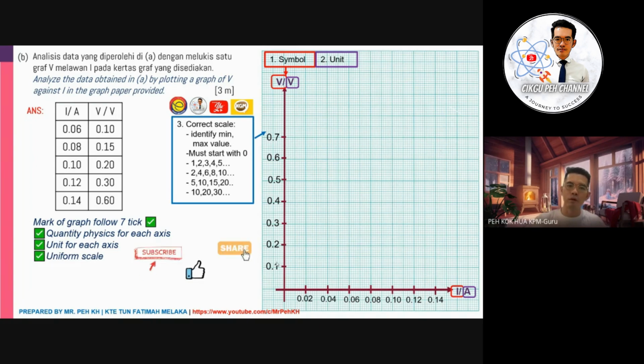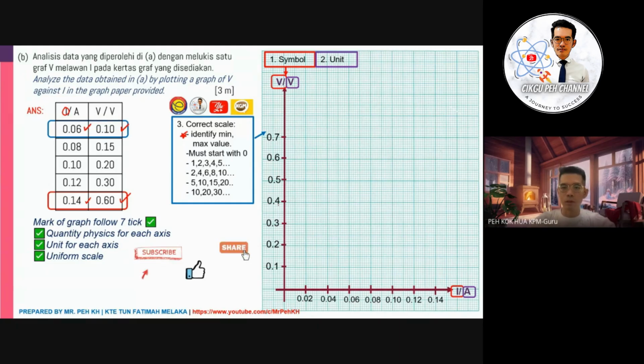You need to give the correct scale, where firstly you need to identify the minimum and maximum values in your question. You can see your minimum current here is 0.06 and your maximum is 0.14. Then the voltage is 0.10 and 0.60.